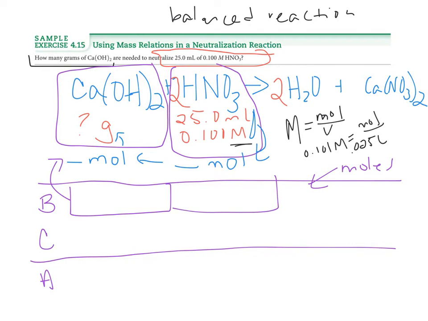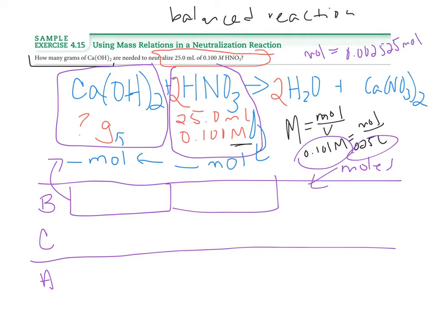So to solve for moles now, I'm going to multiply both sides of this equation by this 0.025, and I will find out that my moles of nitric acid are going to be equal to 0.101 times 0.025, which I have on my calculator, 0.002525.